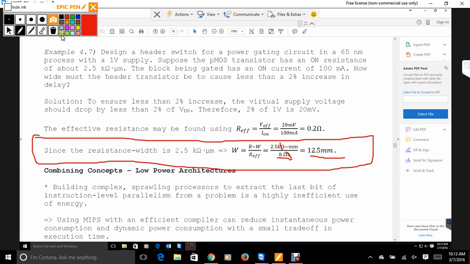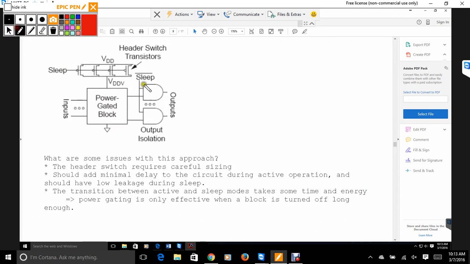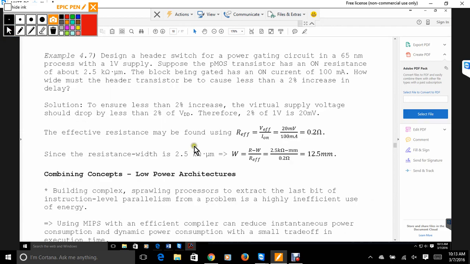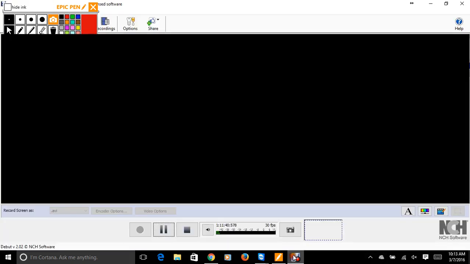And so this solution here at 12.5, we go to that previous diagram, that ties into how much we need here to get less than 2% delay. Does that make sense? All right, so that is where we will end today.